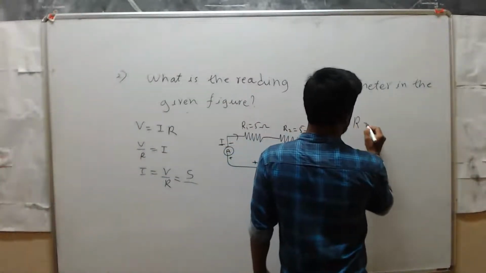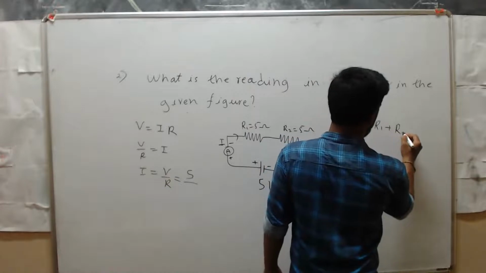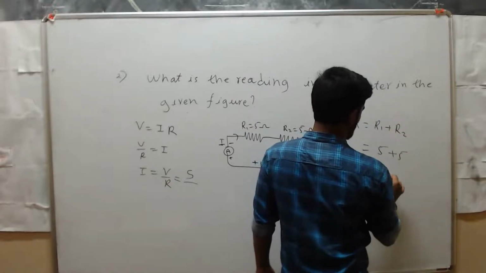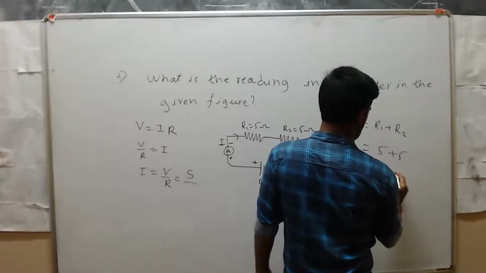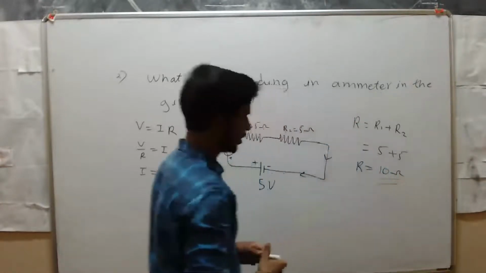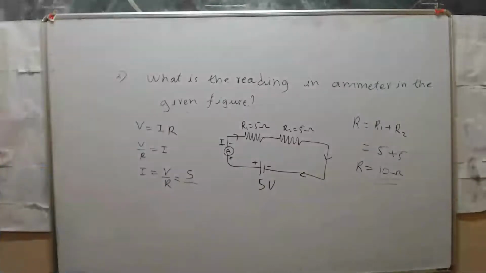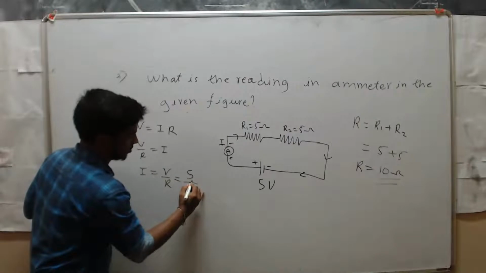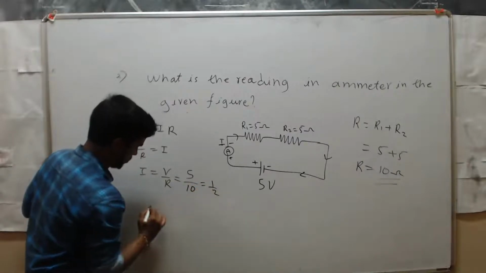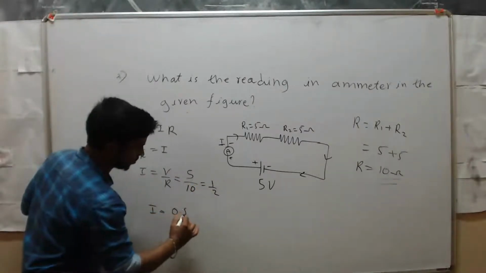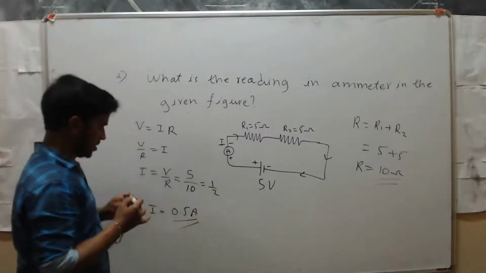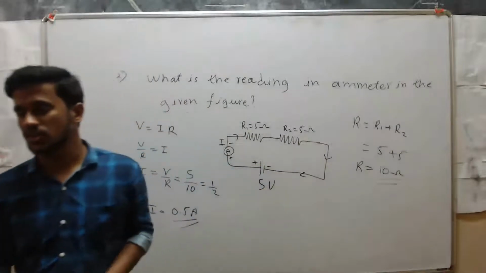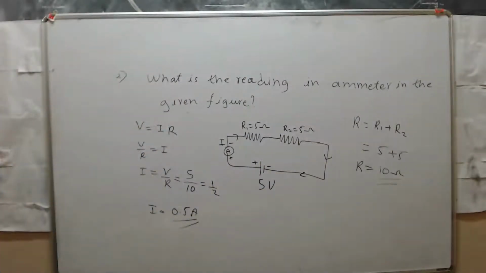That is R is equal to R1 plus R2. R1 is 5 plus 5, that is R is equal to 10 ohm. Substitute here. So I is 5 by 10, that is 1 by 2, equal to 0.5 ampere. So the current here, everywhere, is 0.5 ampere.